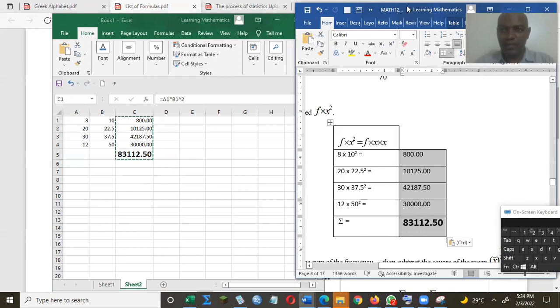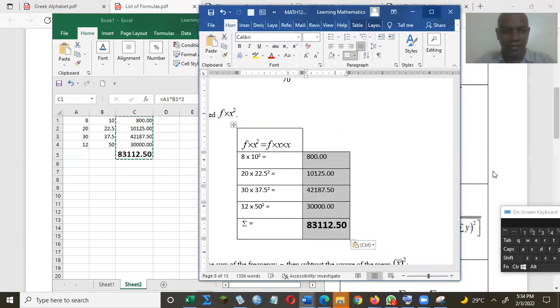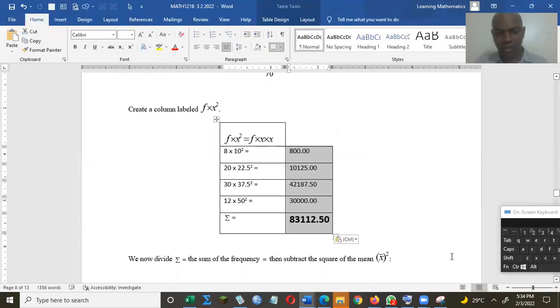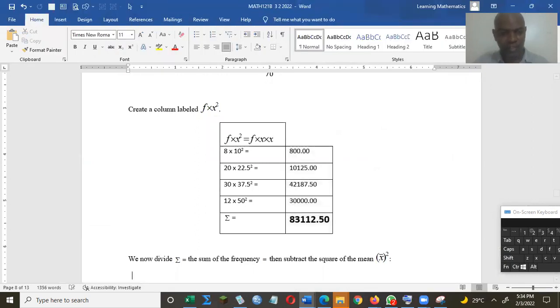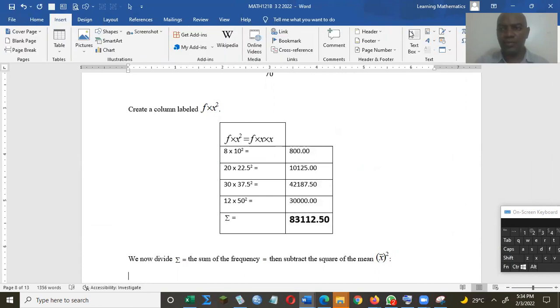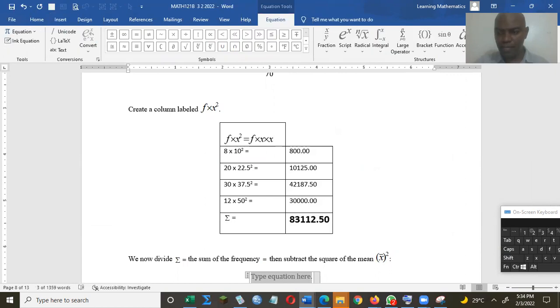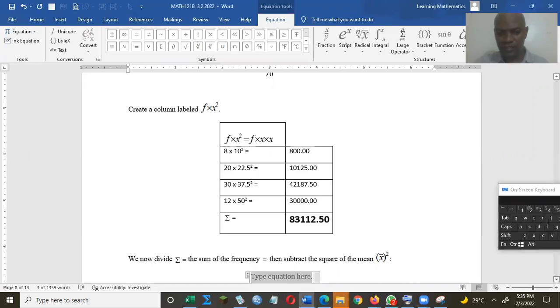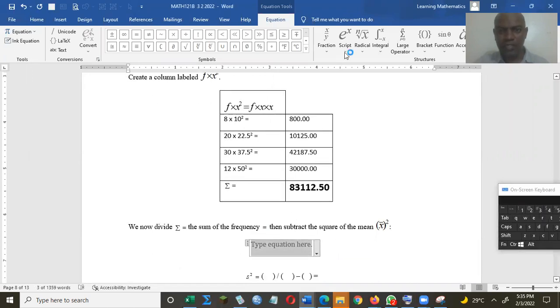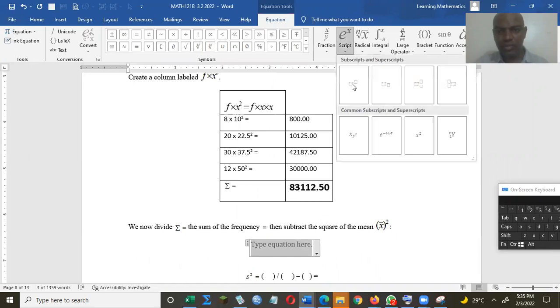That is this part of the formula, right? So we can click enter and go to insert, go to equations. Variance is equal to, variance is S squared. For a little square, we go to script, superscript.